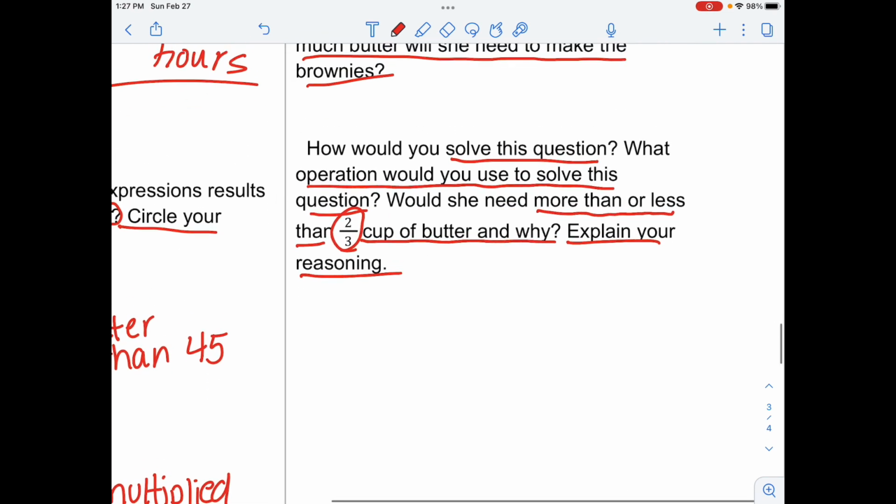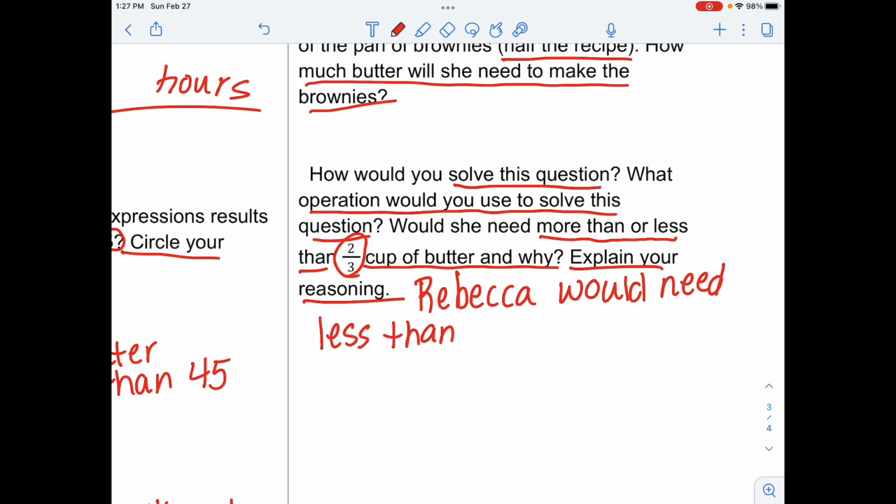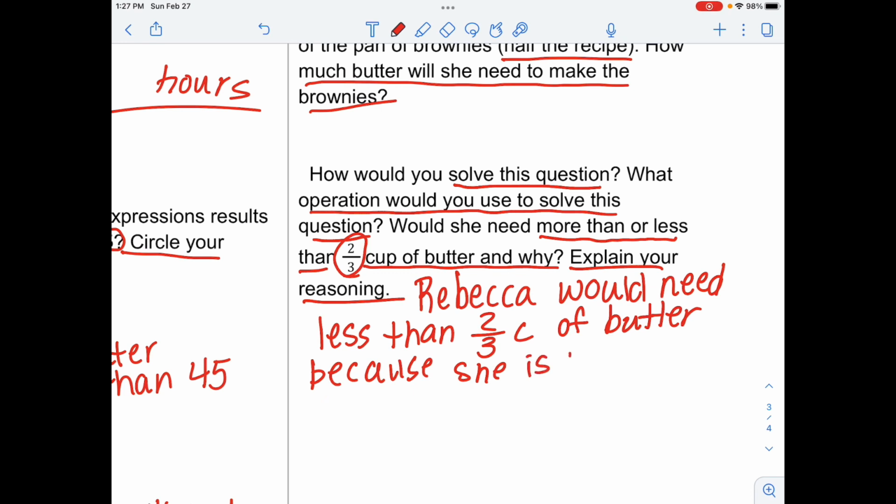Now to answer this question, Rebecca would need less than 2/3 cup of butter because she is not making the whole recipe.